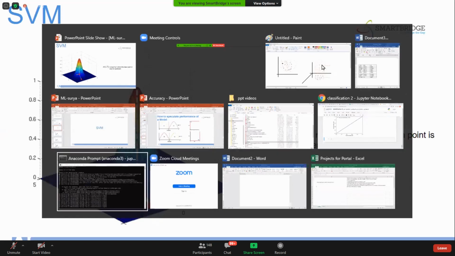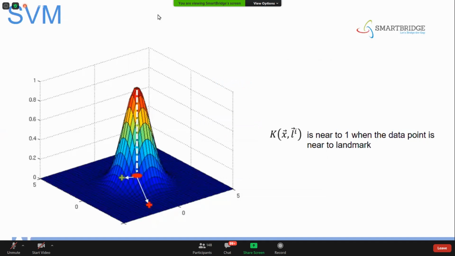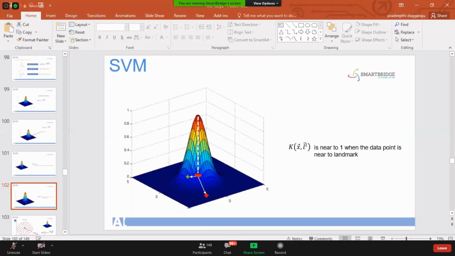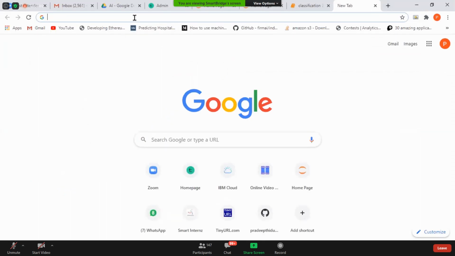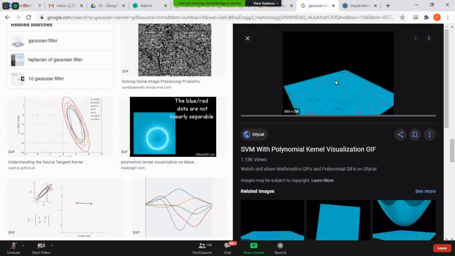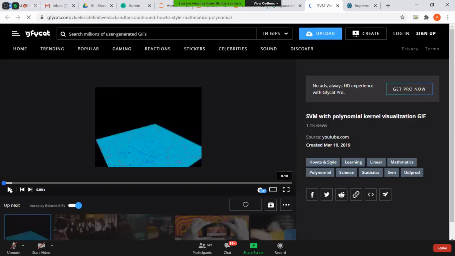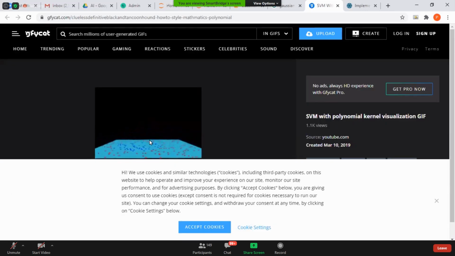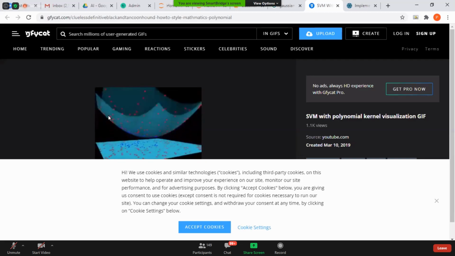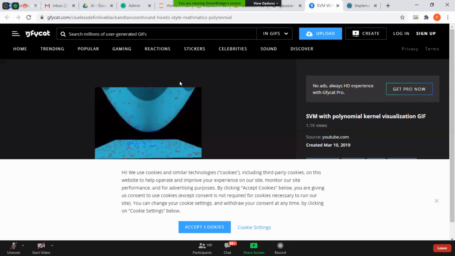All right, guys. Yeah, see this. Can you see this? This is the plane. You have applied a Gaussian curve. What's happening?